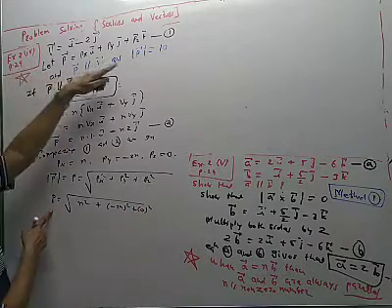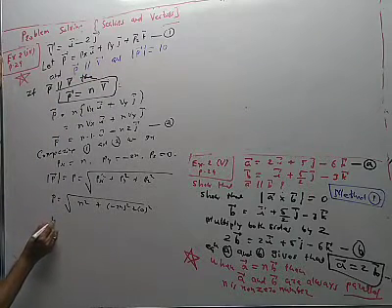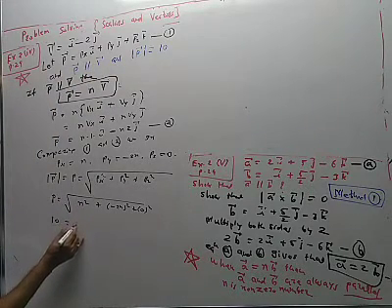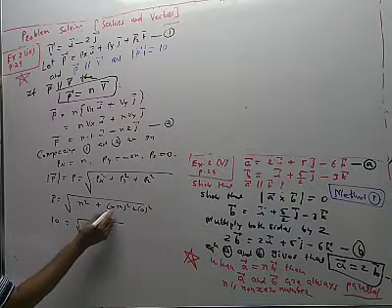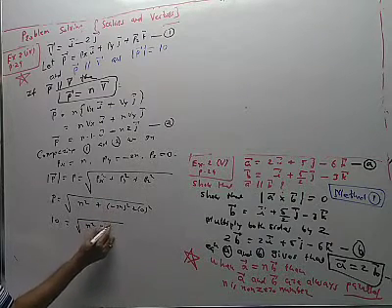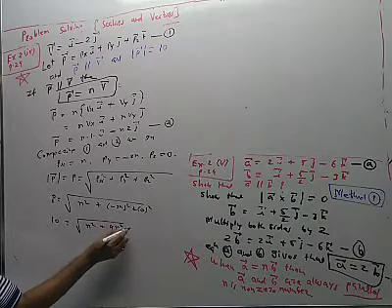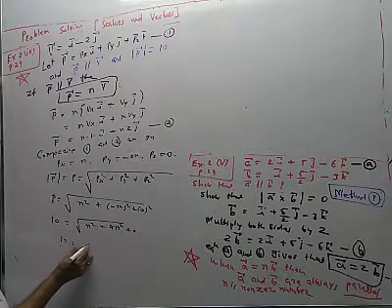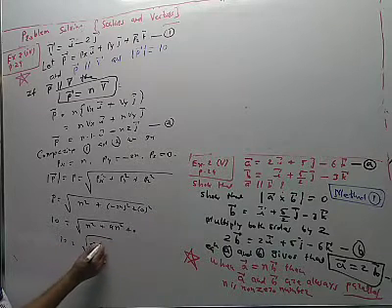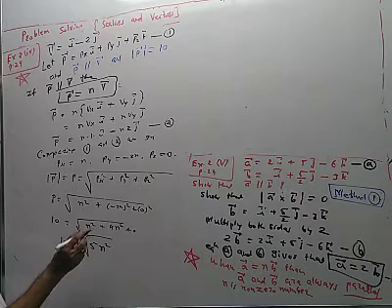Now the magnitude of P is given as 10, so the left hand side is 10. So 10 is equal to under root of n square plus 4n square plus 0. So 10 is equal to under root of 5 times n square.